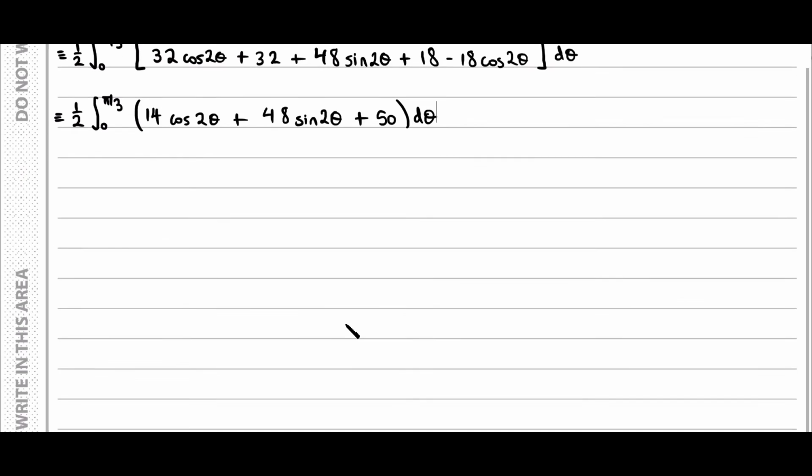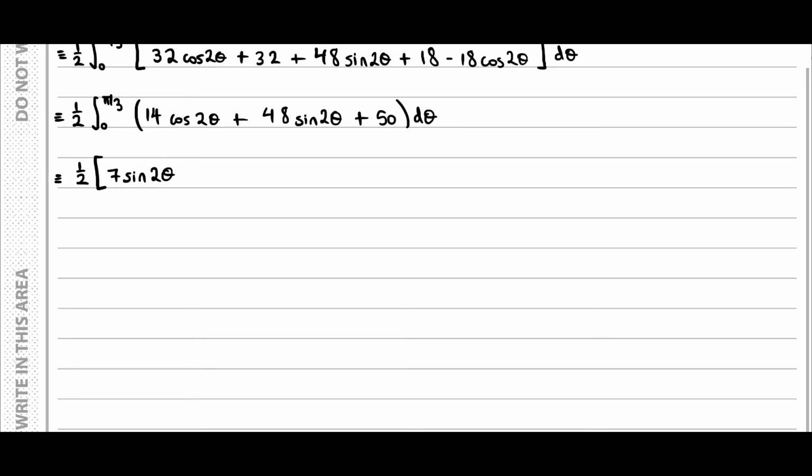So continuing to work this out, we can now integrate. We have a half times, well, if I integrate 14 cos 2 theta, that would be 7 sine 2 theta.